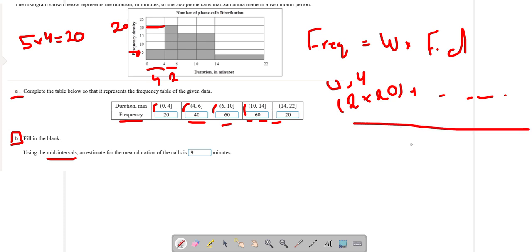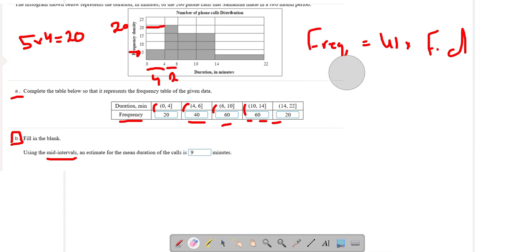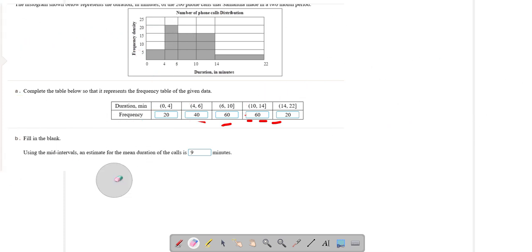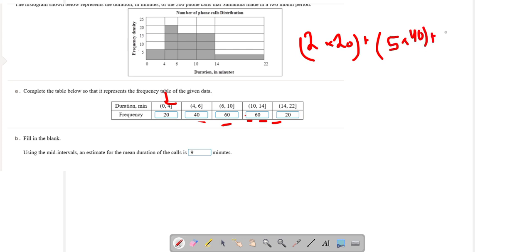over the total frequency. So we're going to be doing 2, which is the mid value for this class, times 20, plus, open brackets again, what's the mid value between 4 and 6? It's 5, times 40, plus, what's the mid value between 6 and 10?